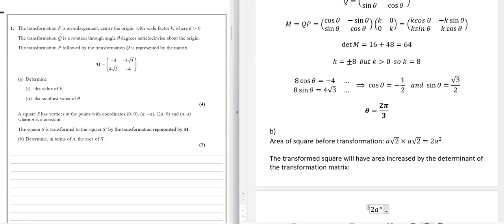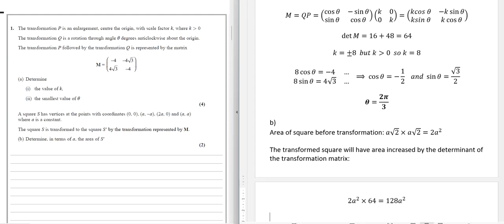So I just need to take my 2a squared and multiply it by the determinant of the transformation matrix, which, if you remember, involved a rotation, which doesn't change the size, and an enlargement by scale factor 8. But that was scale factor 8 in the x direction and in the y direction. And if you remember up here, that's why we got a determinant of 64. The determinant is the area scale factor. So we get 128a squared.